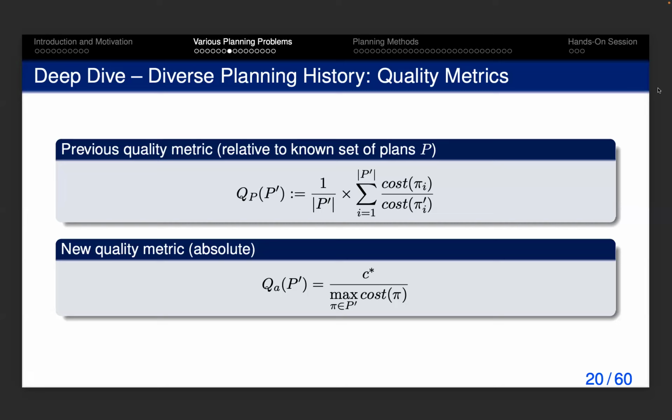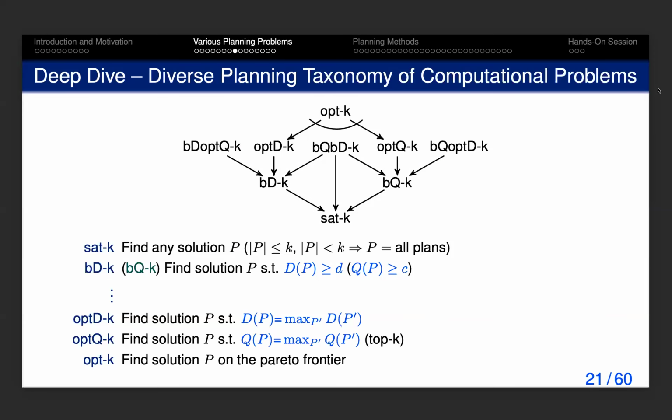So now, given your diversity metrics and your quality metrics, what is the space of possible computational problems for a diverse planning problem? And that gives us this hierarchy of different planning problems under the notion of diversity. Similar to how we had satisficing, optimality, unbounded, let me see if the pointer works. We have satisficing diverse planning. We have optimal diverse planning, and all combinations of bounded. Some of them are also optimal with some dimensions.